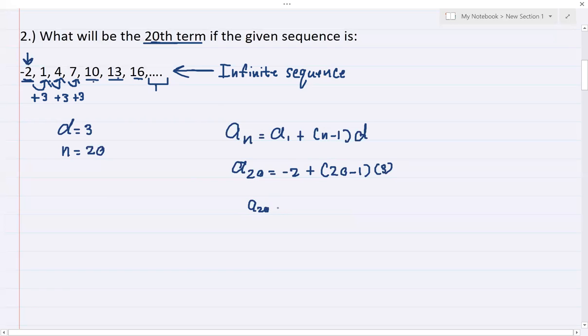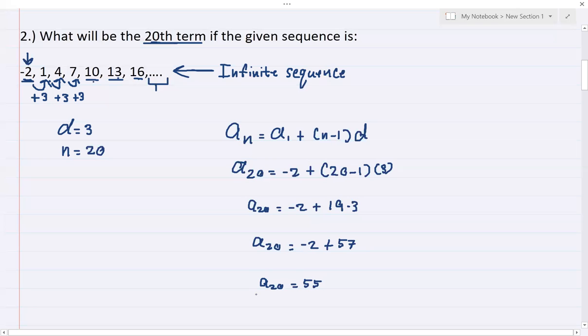A sub 20 is equal to negative 2 plus 20 minus 1, you will have 19 times 3. If you multiply 19 by 3, you will have 57. Adding negative 2 and 57 will give you 55.